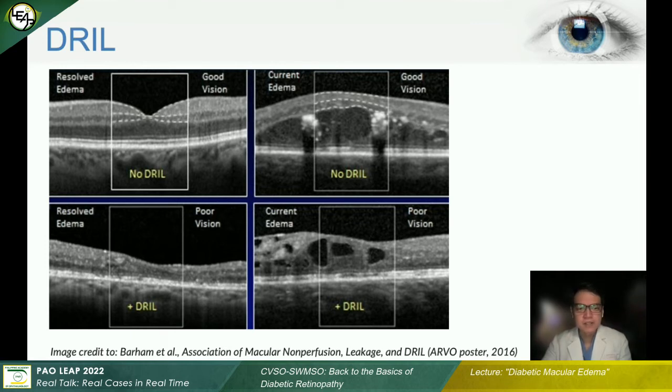The OCT image shown here shows a combination presence and absence of DRIL and diabetic macular edema. Those on top, this one shows no DRIL and no diabetic macular edema, while this one has diabetic macular edema but with the inner layers with intact demarcation lines, while the row below shows to the left has DRIL and no DME, while to the right has both.